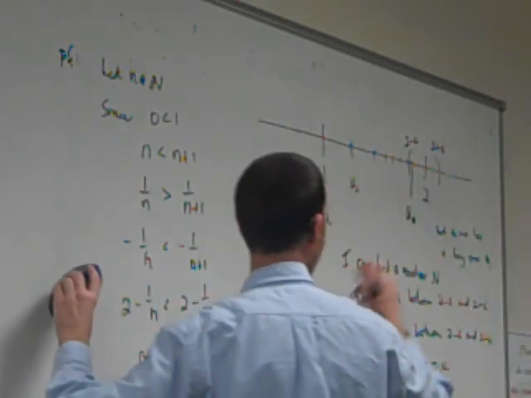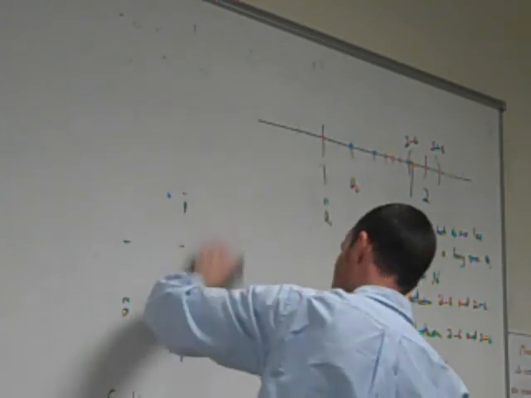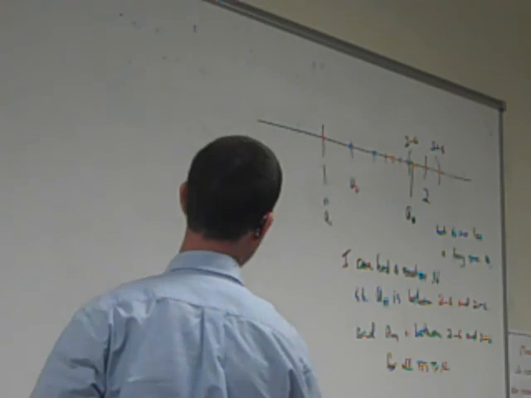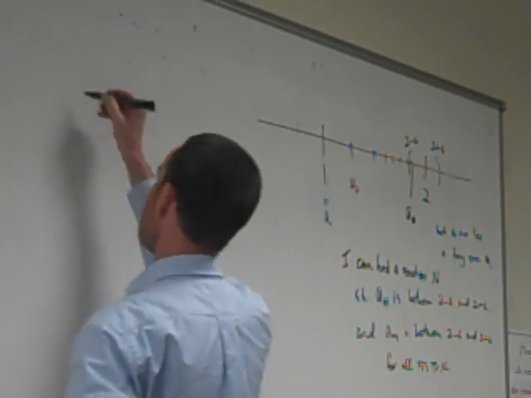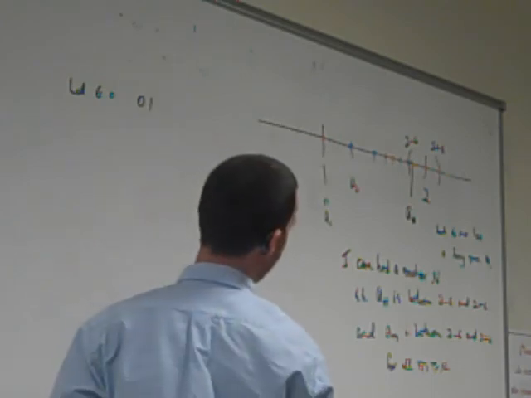So the first few problems in your homework, in my last 2 minutes, although that clock's slow, say something like this. Let epsilon be, say, 0.01.